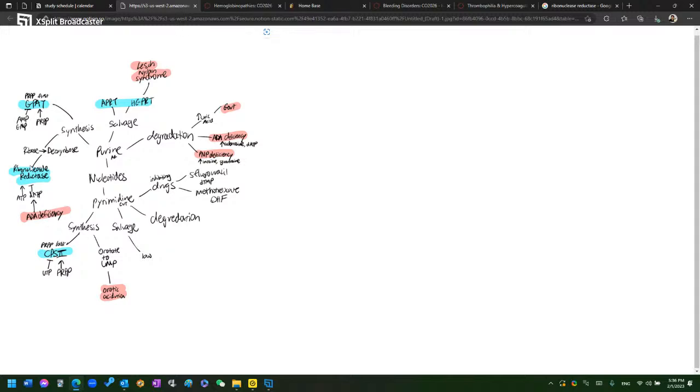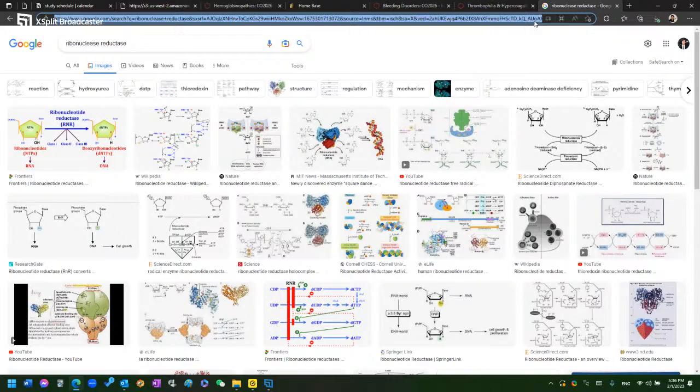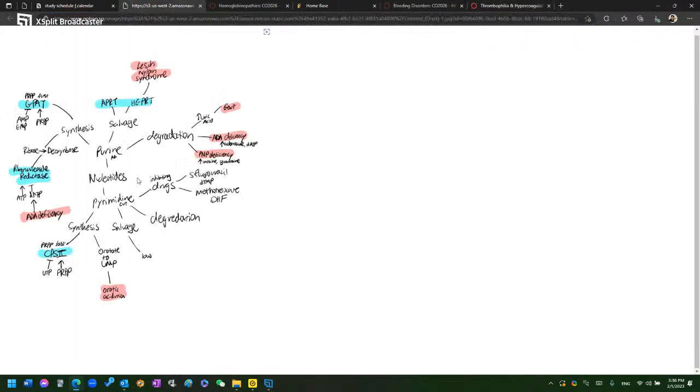So ribonucleotide reductase turns UMP into dUMP. So we need deoxynucleotides, dUMP, dTMP. We can't use UMP directly. Right? So that's the function of that.